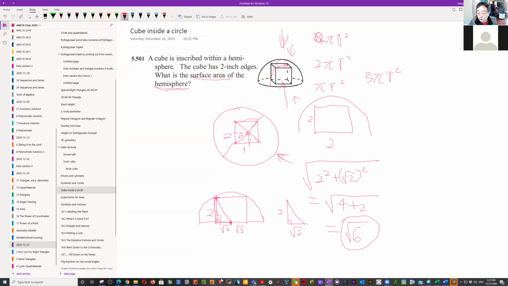And square root of 6 squared is going to be 6. So 3 multiplied by pi multiplied by 6 equals 18 pi. So 18 pi is the surface area of this hemisphere.